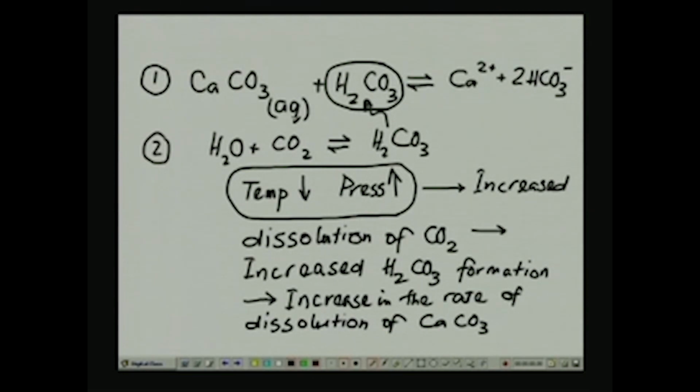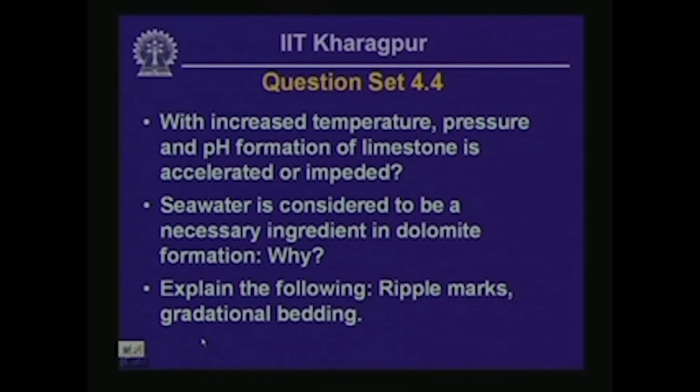So, if we increase pH, then that also is going to catalyze precipitation of limestone. So, basically these are the major factors that affect the precipitation of limestone, or calcite mineral in the form of limestone.